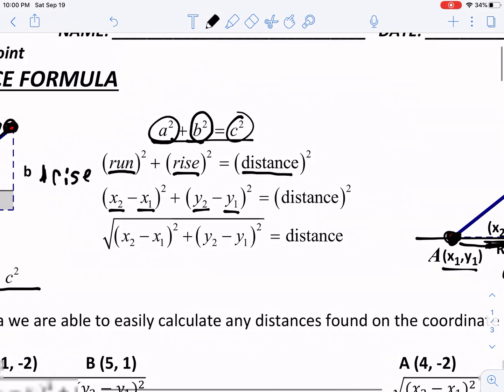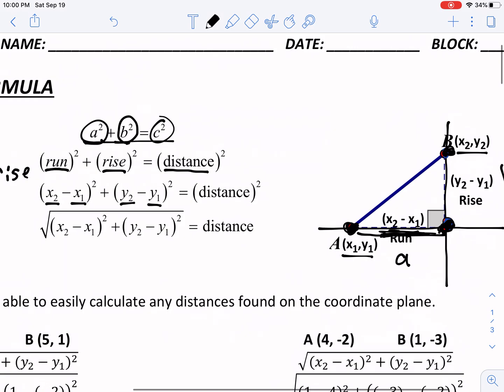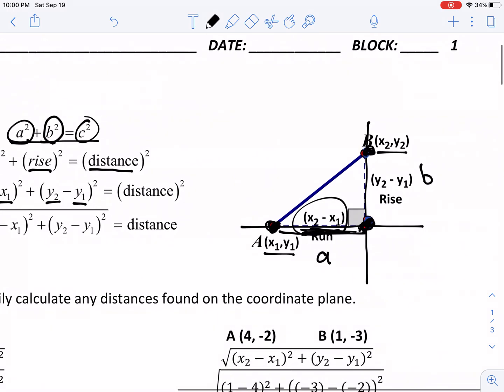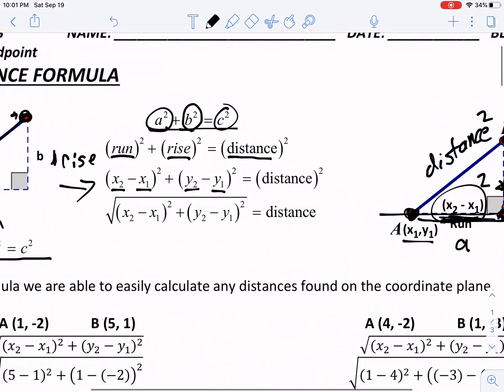So we said earlier that a was this guy, b was this guy, and what we're looking for is the distance c. Okay, so just to tie this all back together. Well, what do we know about the Pythagorean theorem? a squared plus b squared equals c squared. So these guys squared added together give us the distance squared. Okay, so that's where this comes from.